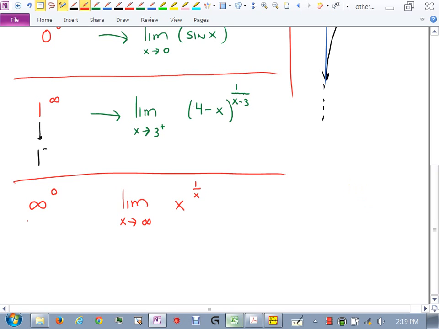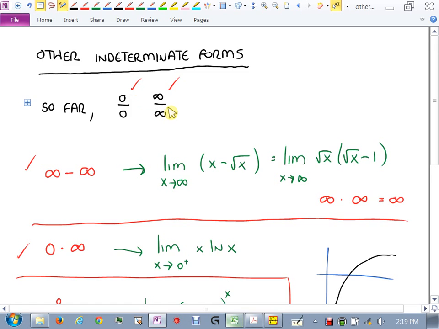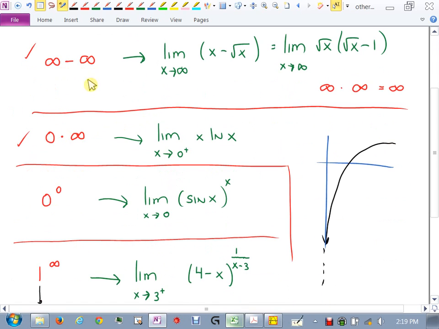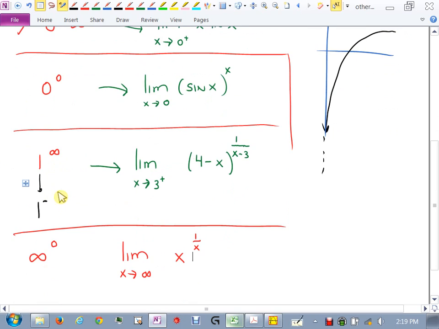Another one? Some combination of this? What do we have so far? We have 0 over 0, infinity over infinity. We have infinity minus infinity. We got 0 times infinity. We got 0 to the 0, 1 to the infinity, infinity to the 0. Am I missing anything?